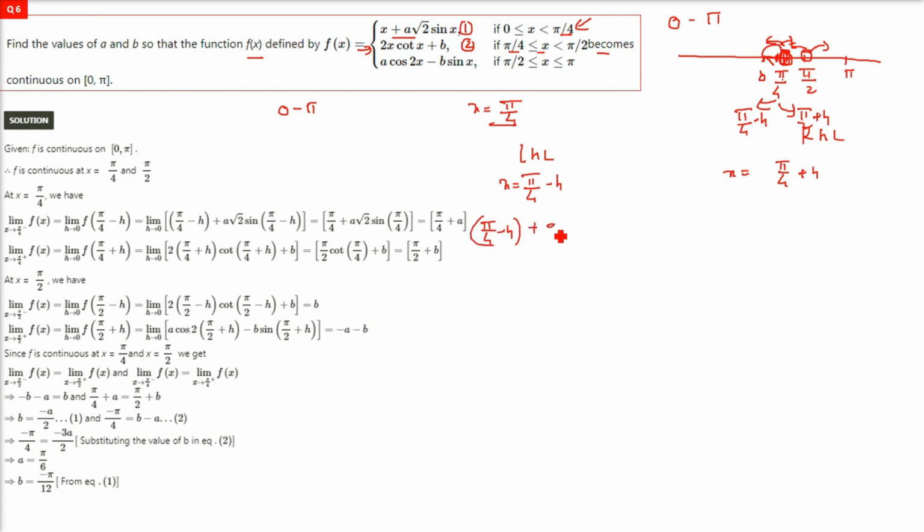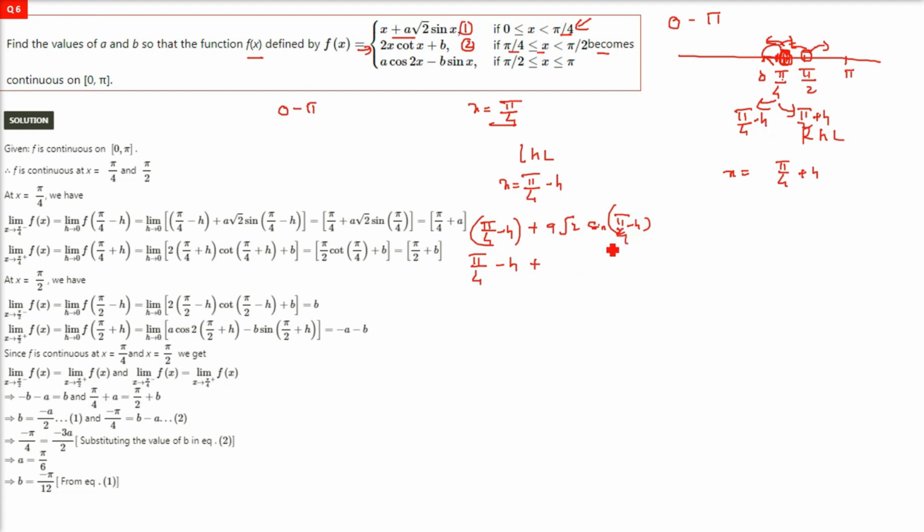So I am placing pi by 4 minus h in the first function. So pi by 4 minus h plus a root 2 sin x, and in place of x, we are replacing it by pi by 4 minus h. So we get pi by 4 minus h plus a root 2 sine pi by 4 minus h. We don't have any direct formula for sine of pi by 4 minus h. So what to do here?